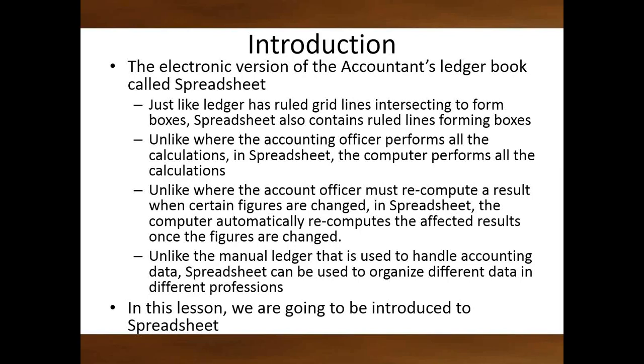Unlike where the accounting officer performs all the calculations, in Spreadsheet the computer performs all the calculations. Unlike where the accounting officer must recompute a result when certain figures are changed, in Spreadsheet the computer automatically recomputes the affected results once the figures concerned are changed.